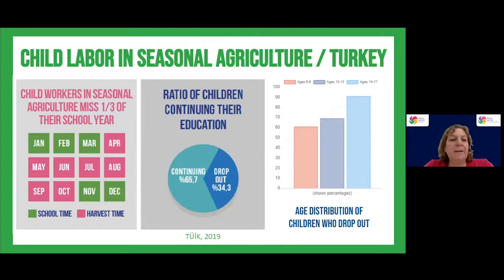If they travel 6 or 7 months, we see school dropouts will be higher. If they come and work in the harvest areas, for example for hazelnuts, then the children can easily go back to their schools. And we see the age distribution of children who drop out: when they grow older, it will unfortunately be easier for them to drop out.